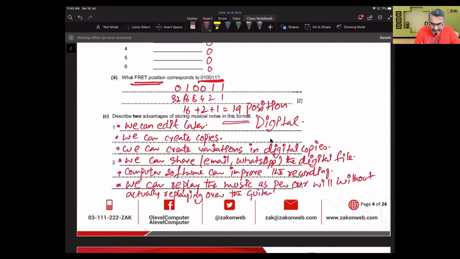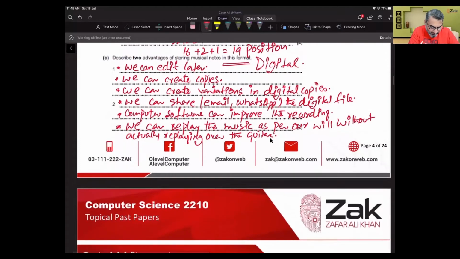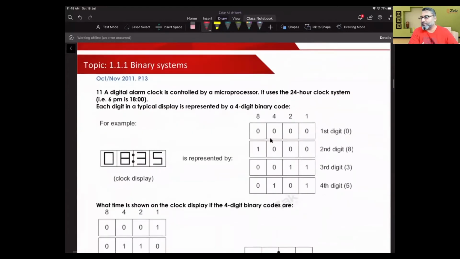What does it mean? If you would like to replay the music, all you have to do is double click the digital file and it will be replayed. We don't have to play the guitar again and again to listen to it. It will be already recorded. Now, the next question.